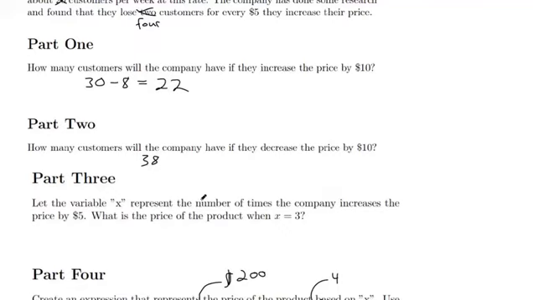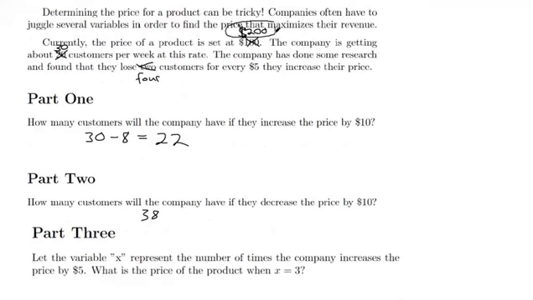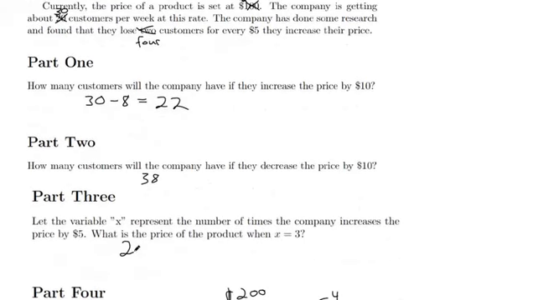And now here's where we start doing some algebra. We're going to let x be the number of times we increase the price by $5. So what's the price of the product when x equals 3? The price right now for my product is $200, but we're going to add 5x to it, because x represents the number of times the company increases the price by $5.